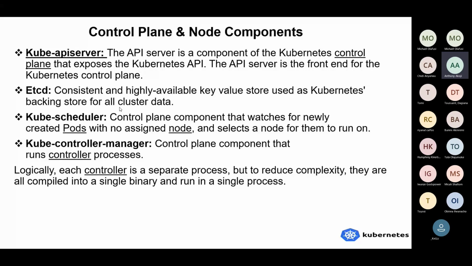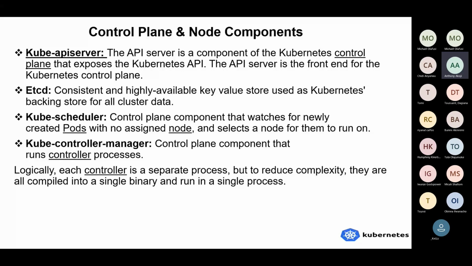Let's say you don't want your front end server and your back end server to be inside one particular server. You can have them separately, and call them through an API so they can communicate with each other. Kubernetes too has its own API, and this API server is what exposes it. So the API server is the front end for the Kubernetes control plane.